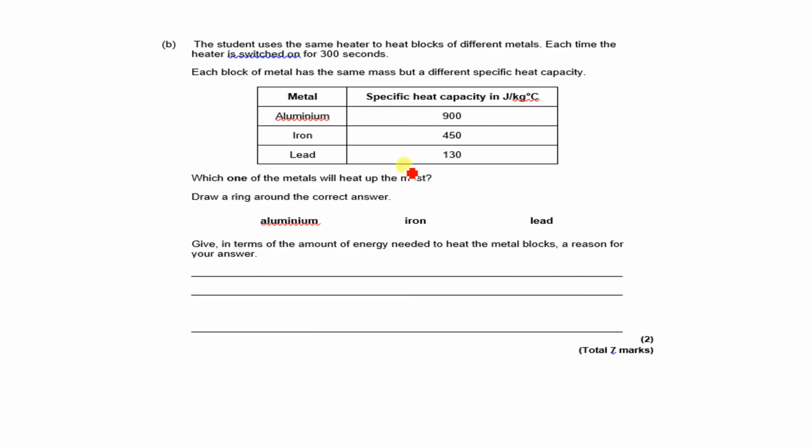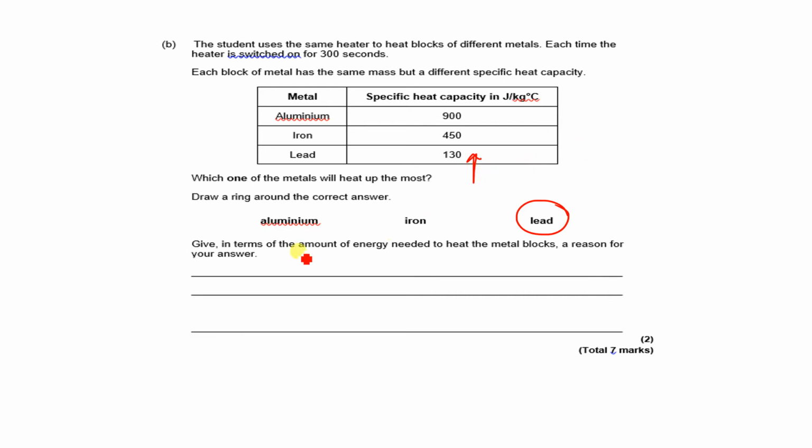Okay, so in the final question, the student uses the same heater to heat blocks of different metals each time the heater is switched on for 300 seconds. Which one of the metals will heat up the most? Well, clearly that's going to be the lead because it's got the lowest specific heat capacity, so it's going to be easier to raise its temperature by giving it a lower amount of energy.